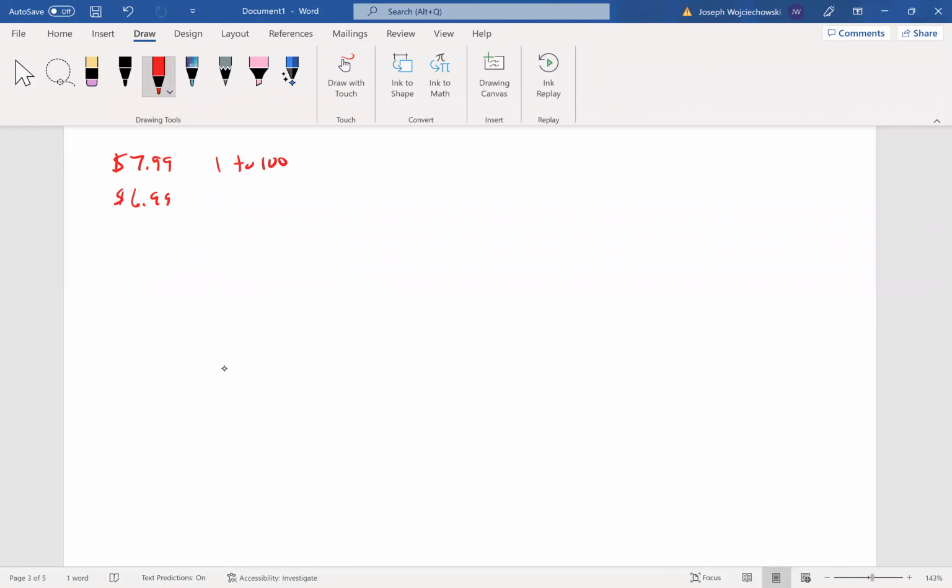So we're going to let, for greater than 100, no, we'll just let X equal the number of shirts.